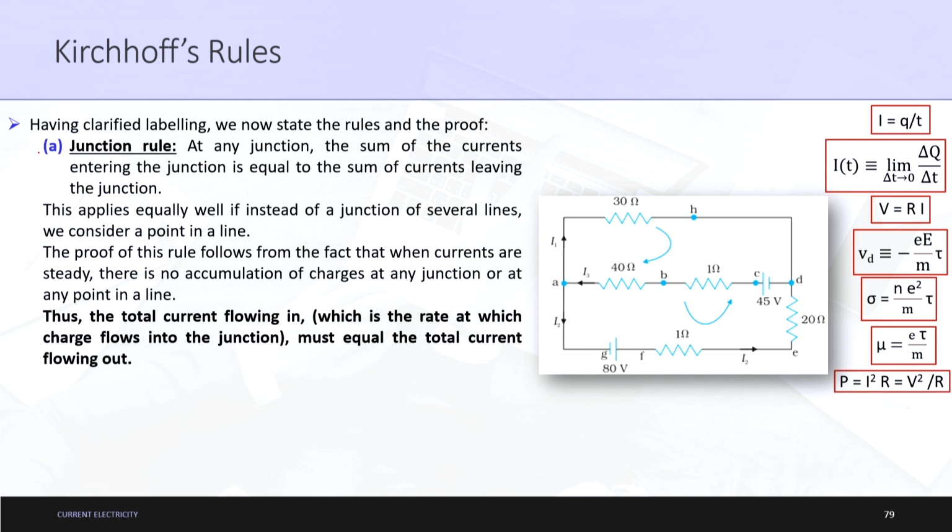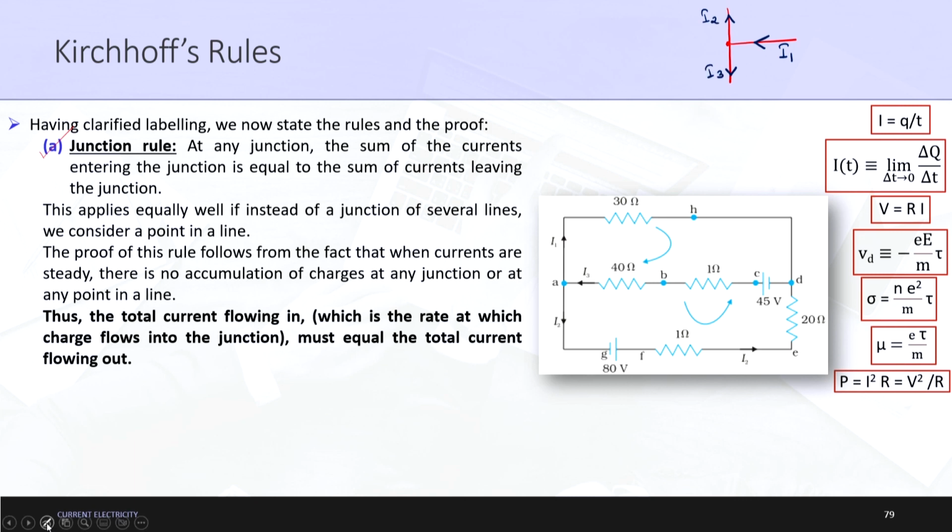Very easy rule. To explain it to you, I will use an example. Let us suppose this is the junction, and there are 3 wires. Let us say this is one wire, this is one wire, this is one wire. Suppose the current which is entering is denoted by capital I1, and after this junction, in the above and below directions, the current which is going is denoted by I2 and I3.